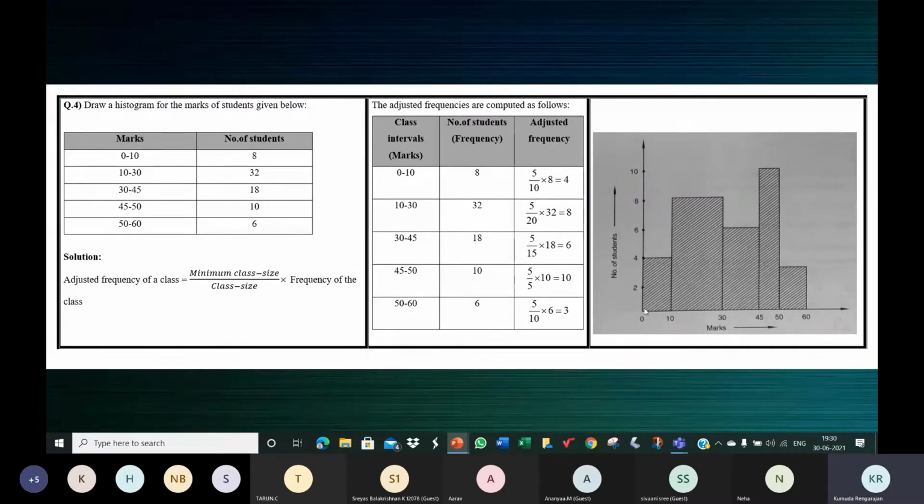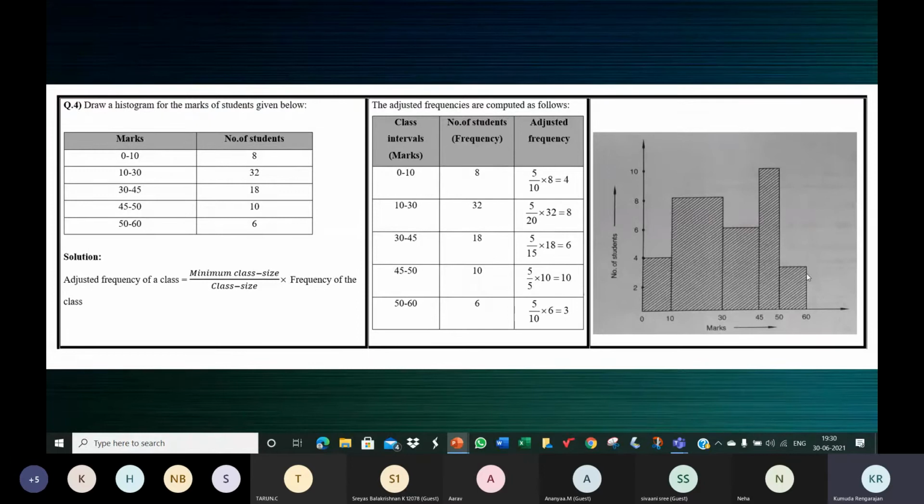So 0 to 10. The height of this bar will be 4. Then 10 to 30. The height of the bar is 8. So it's here 10 to 30. The height of the rectangle is 8. Then 30 to 45. The height of the rectangle is 6.